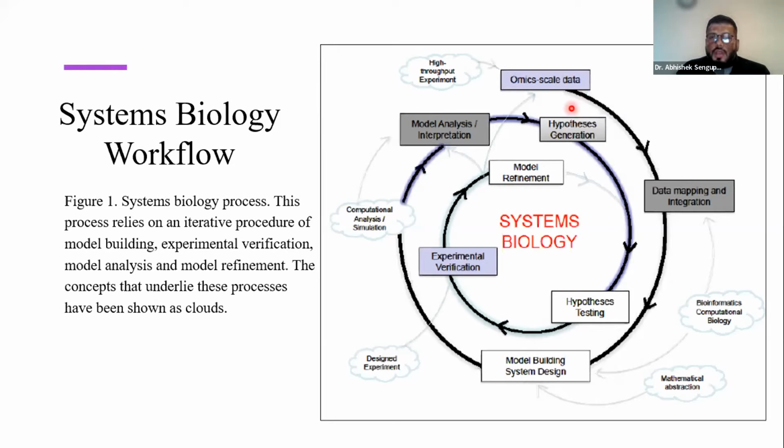It starts with experimental data, but in between there are various sections where we also use experimental data to keep on validating it. So a modeler, a systems biologist and an experimental biologist work hand in hand to come up with a model that represents the real world system accurately, right?